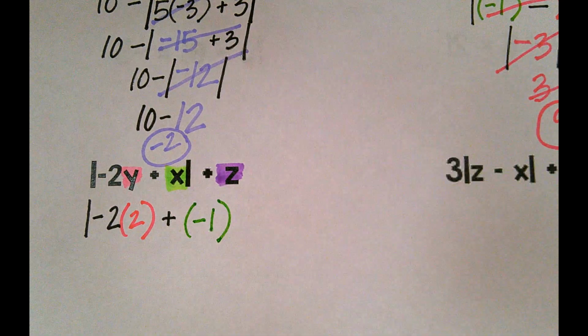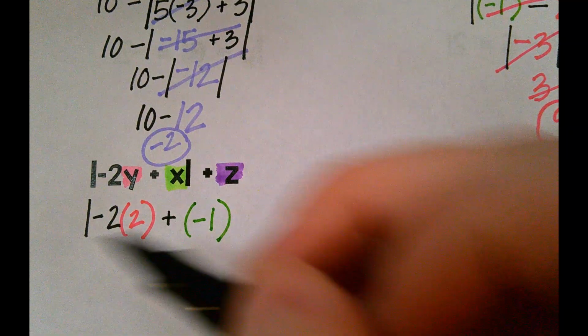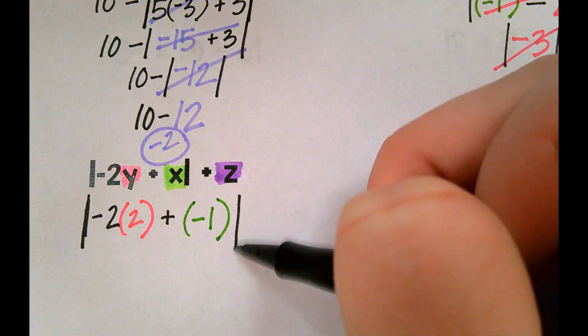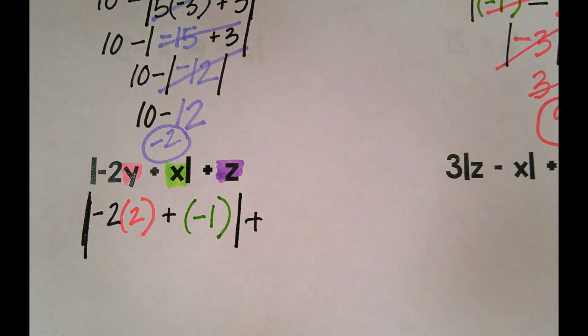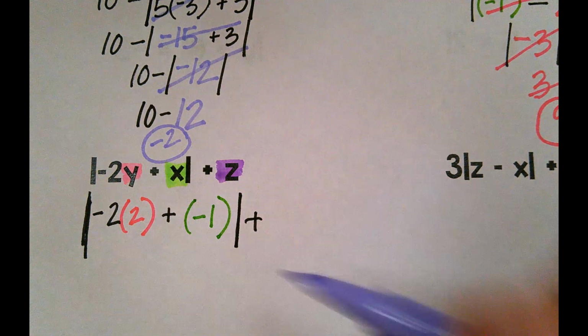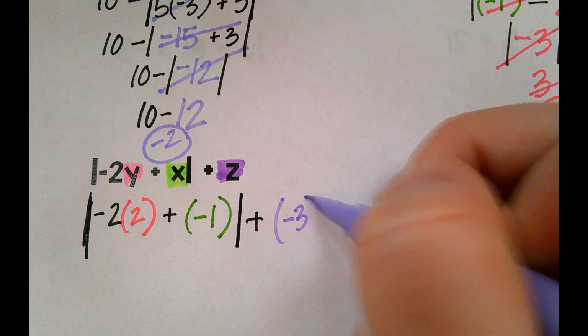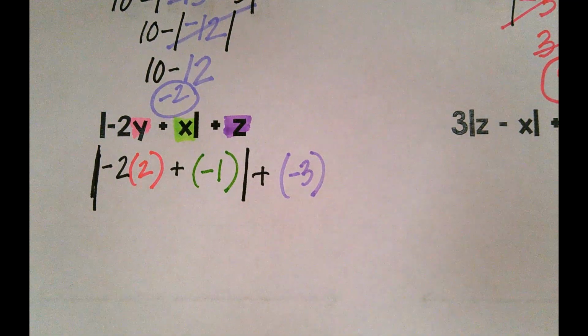Now, before we write plus z, what comes right after -1? Your variable. Absolute value bars. Don't forget those. Okay, now plus z, and z is -3. Good.